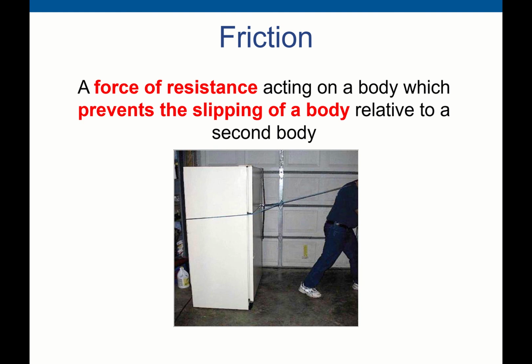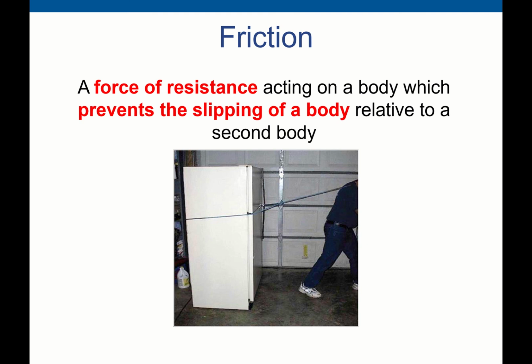Because it's very heavy, there is a lot of friction between the floor surface and the refrigerator. Obviously, the refrigerator is made of steel. Steel has a high frictional coefficient compared to other materials. So we will see that part later.